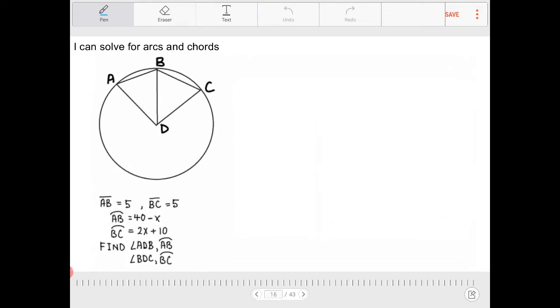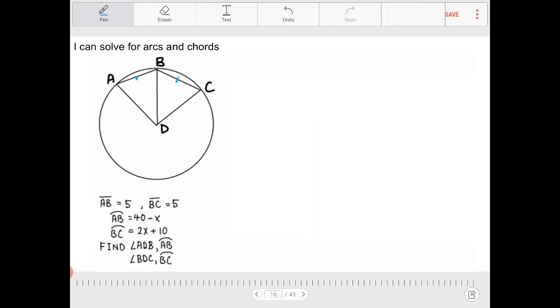Pause the video to see if you can figure this next problem out. So hopefully you guys had some time to think about this. We know from the given information here that chord AB is 5 and chord BC is 5. So I'm going to mark this with congruent symbols, those tick marks. And arc AB and arc BC are given by those expressions.